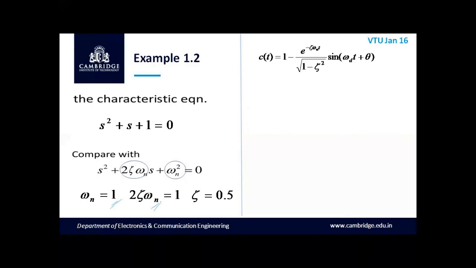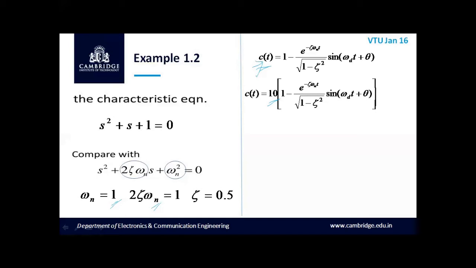We know that the response of a second order system C of t is given by 1 minus e to the power of minus zeta omega n t divided by square root of 1 minus zeta square, into sine of omega d t plus theta. As the given input has a magnitude 10, C of t can be written as A times the response for unit step.